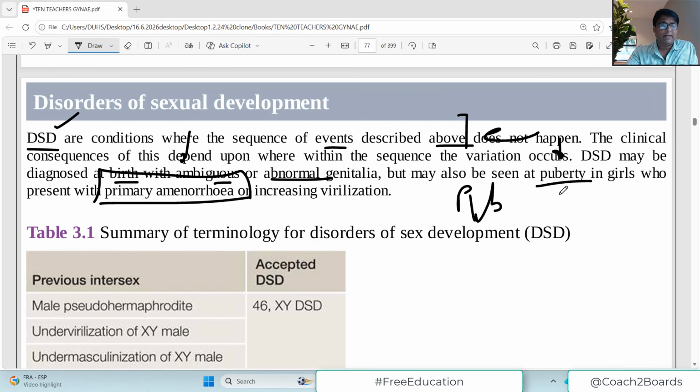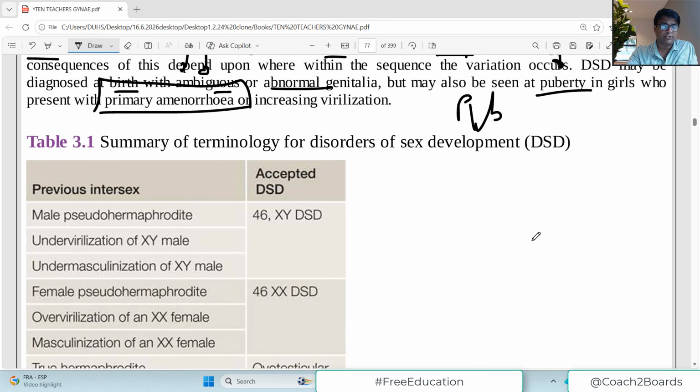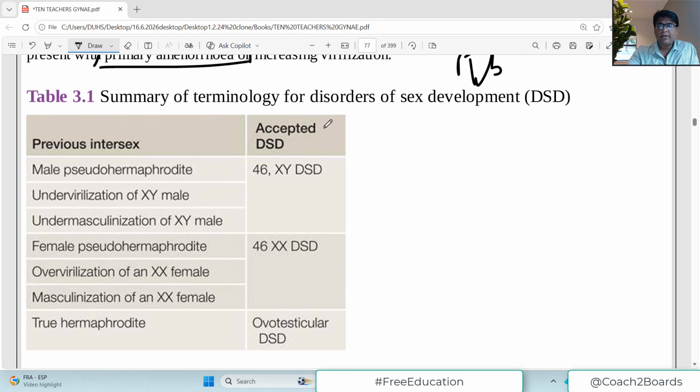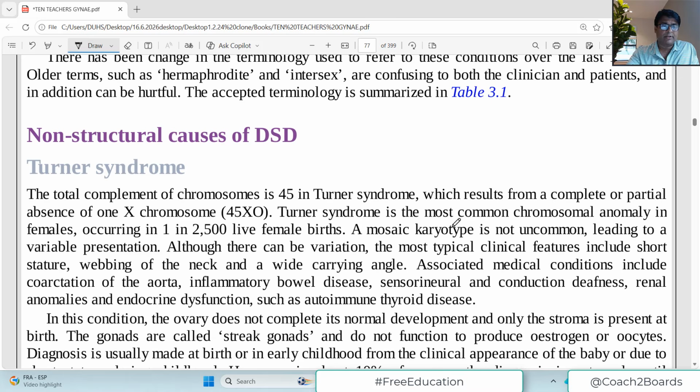And if menses never happen, which is what we call primary amenorrhea, then you start thinking about sexual developmental disorders. There are different categories, और उनके बारे में भी हम पढ़ते हैं.